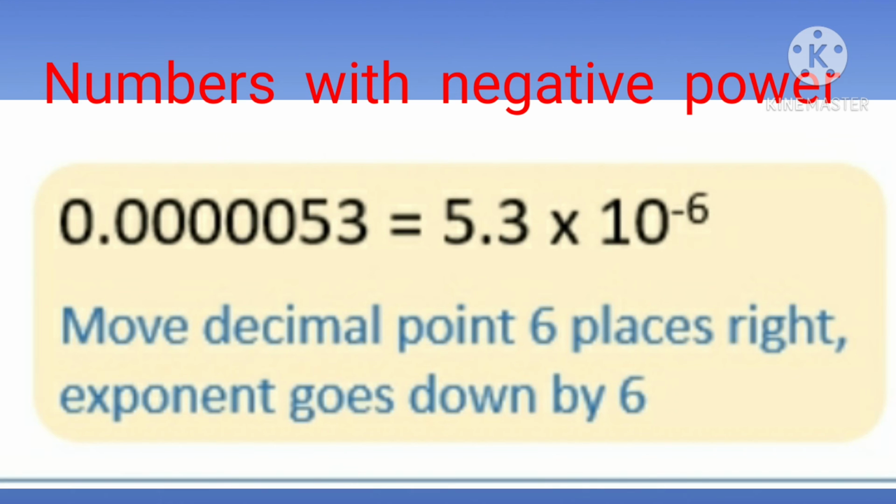Now, as the decimal is shifted 6 places to the right from the very first zero of the decimal part, it gains the power of minus 6, and so ultimately this number is converted to 5.3, where 5 holds the first position, which should be a single digit number less than 10, and 3 holds the decimal part, into 10 to the power minus 6.